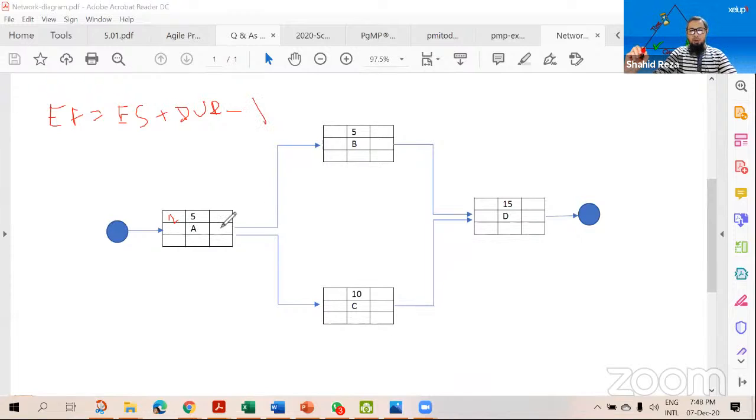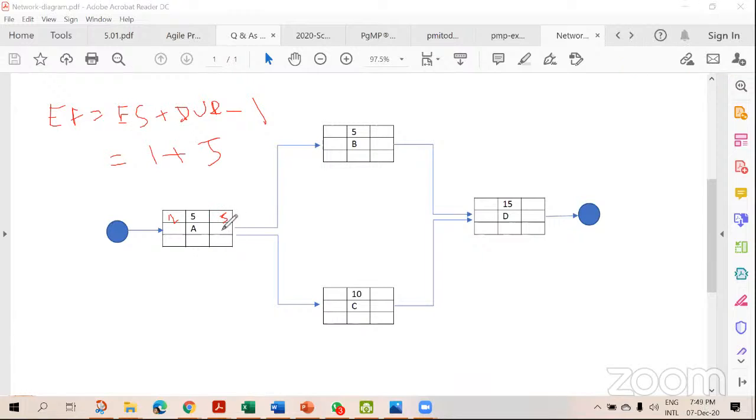If you want to identify the early finish of this task, 1 plus duration 5 gives 6, minus 1. That means 5. So on the 5th day. This is the formula.